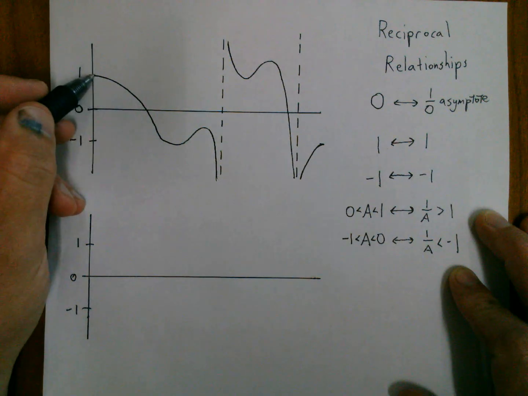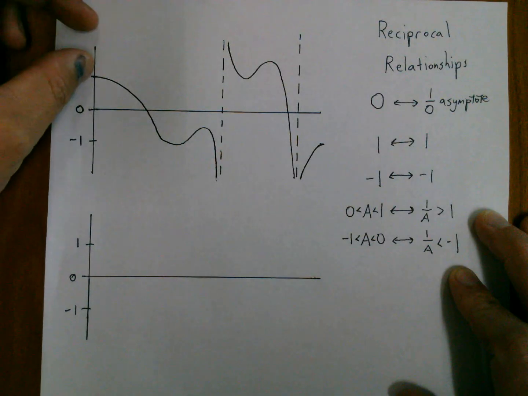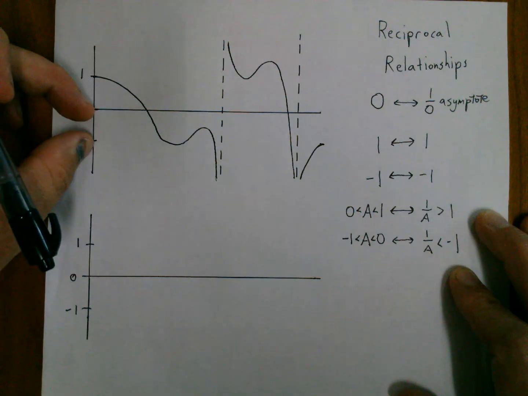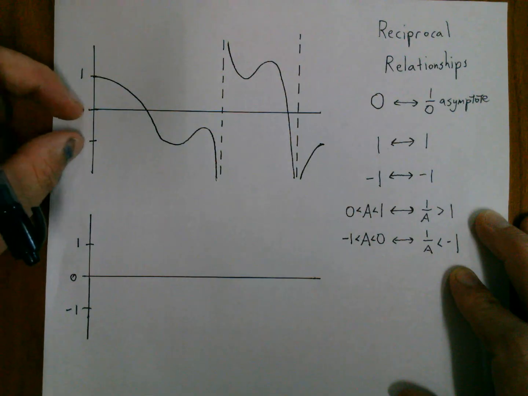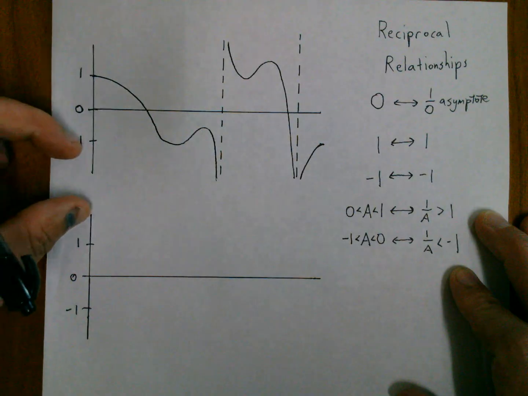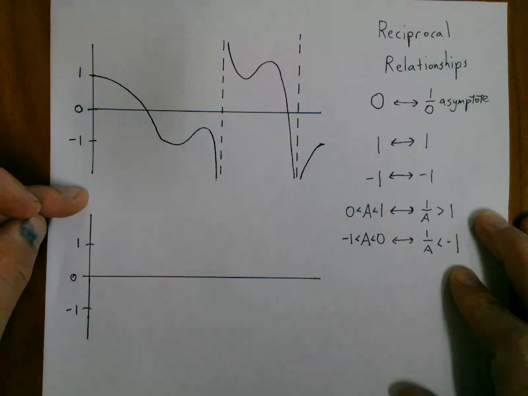In the reciprocal form, these are going to be values greater than 1. All right, and the same with the negatives. Between 0 and negative 1, it's within this zone. The reciprocal will have those values less than negative 1, or you can think of it as more negative than negative 1.